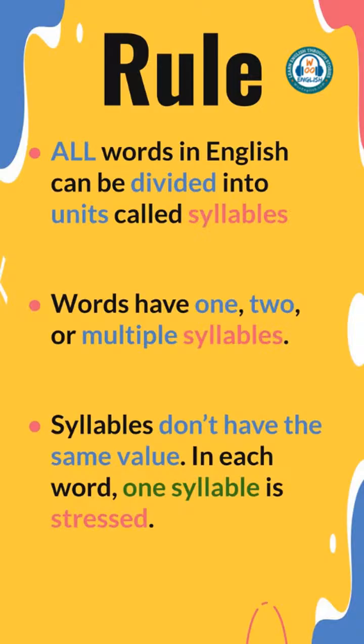Now, this is the most important piece of information I want you to get today, which is that in one word, for example, let's take elephant, which has three syllables, those syllables don't have the same value. This is the most important piece of information I want to give you today.